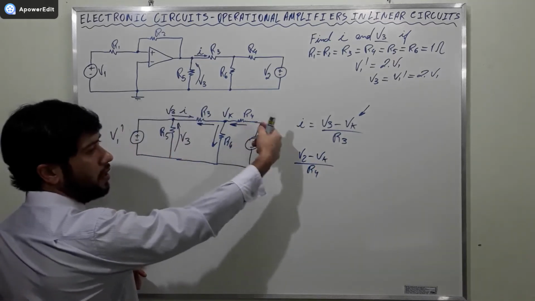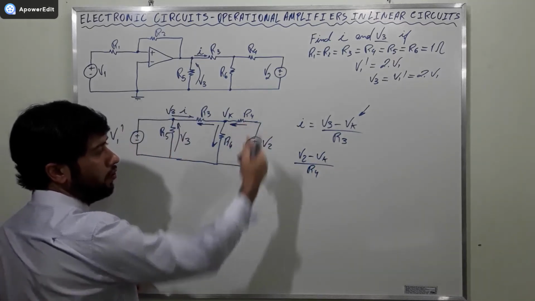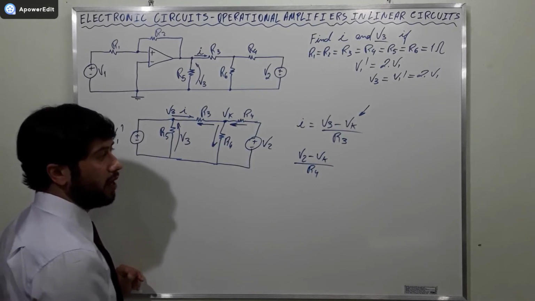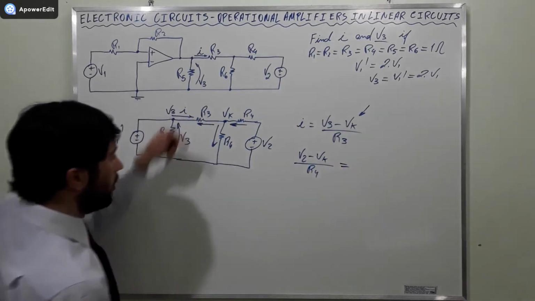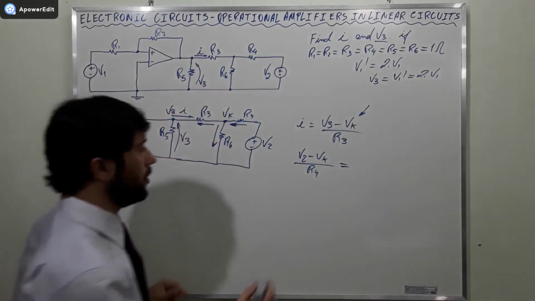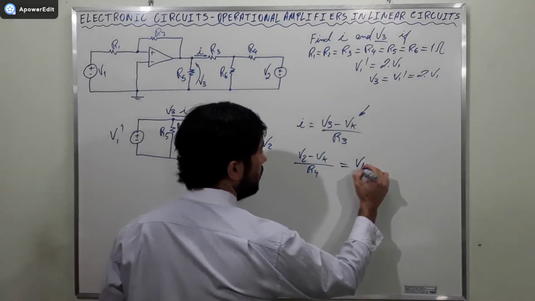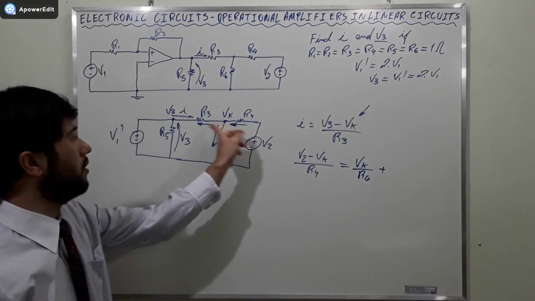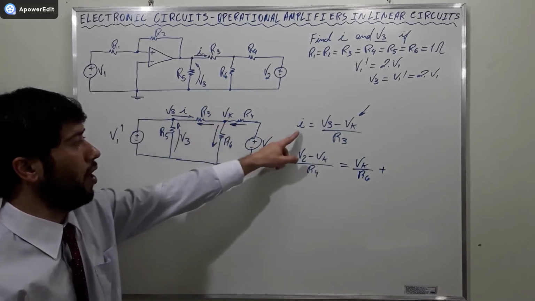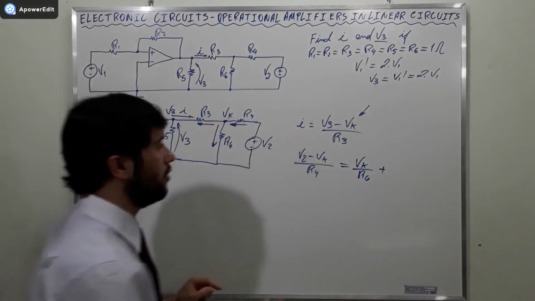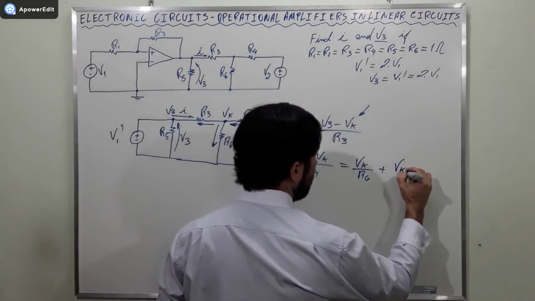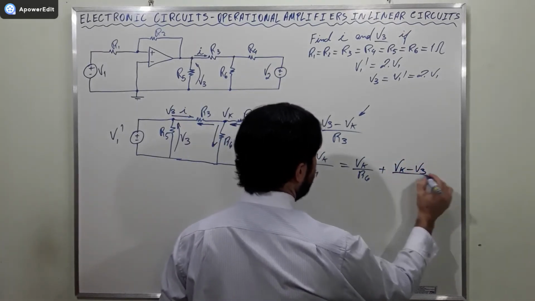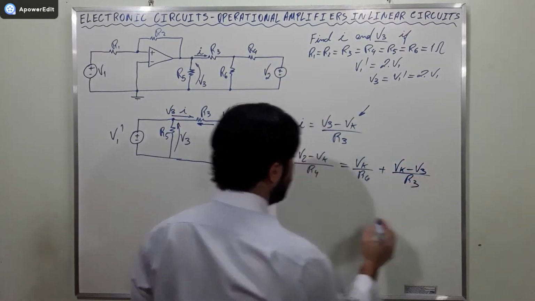This current that enters here is V2 minus Vk divided by R4, and then this current that goes down here is Vk divided by R6, plus this current that goes in this direction, which is the opposite of I, then it is Vk minus V3 divided by R3.